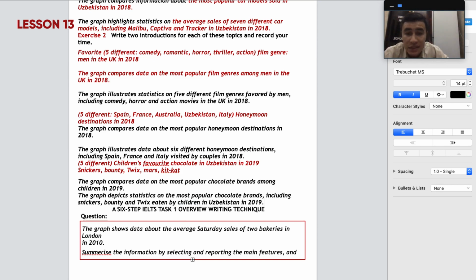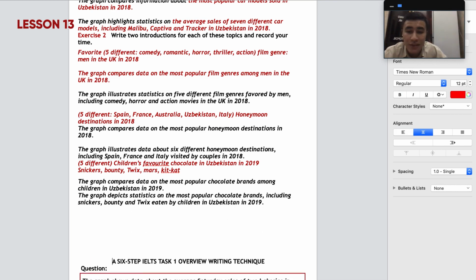The graph depicts statistics on the most popular chocolate brands, including Snickers, Bounty, and Twix, eaten by children in Uzbekistan. Sorry, here we didn't include the location in Uzbekistan in 2019.